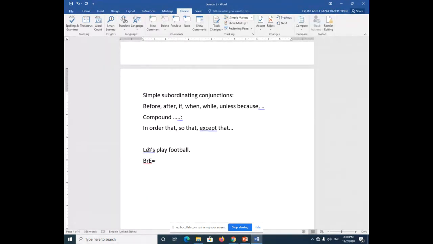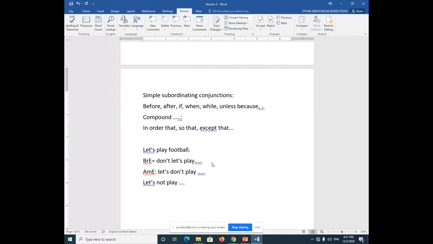In British English they say don't let's play. Okay, in American English they say let's do not play. Although both would be using let's not play. So it is important to keep these in mind. Okay?